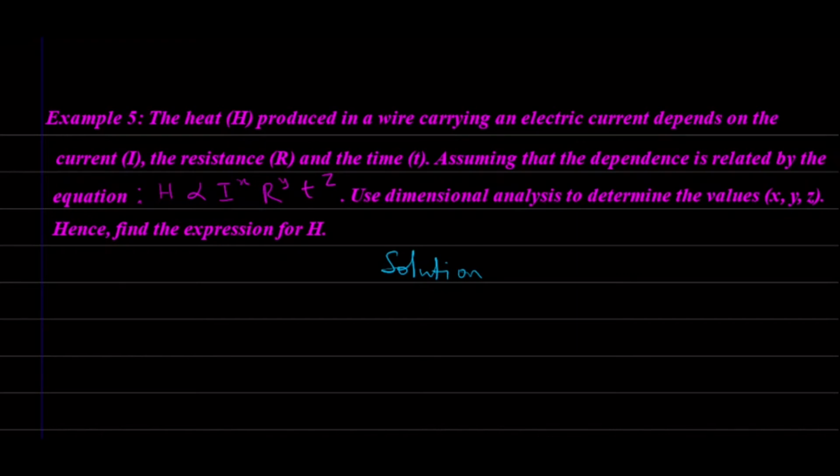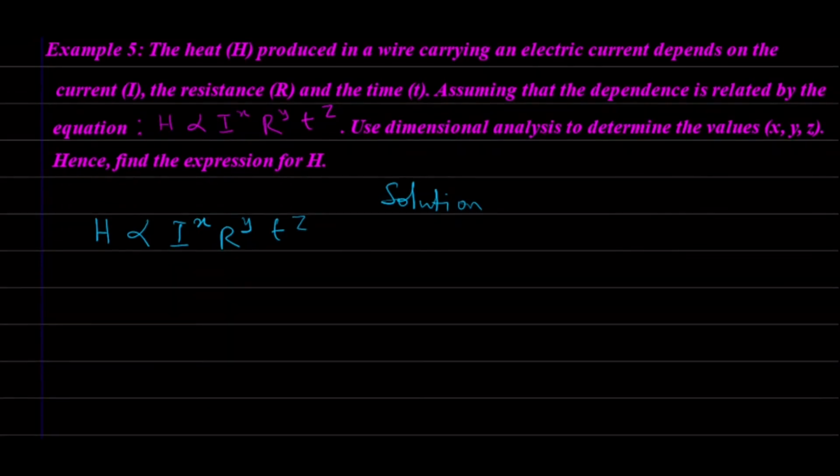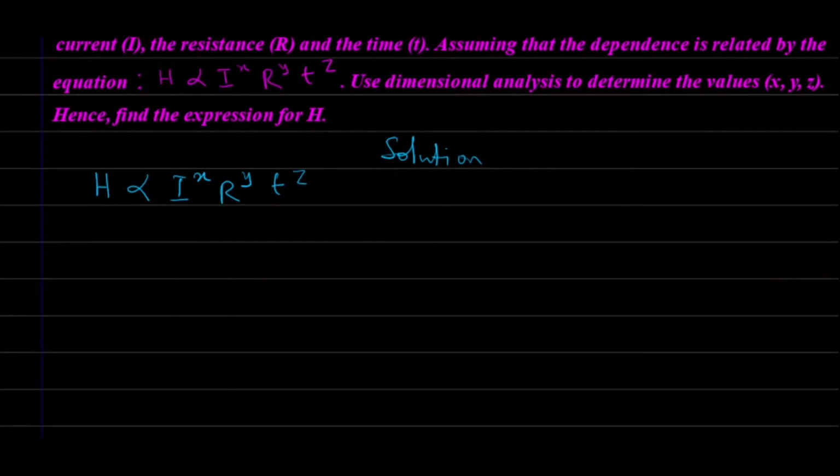Now, we have the statement given in mathematical form as H depends on current to the power X, R to the power Y, and T to the power Z. So the next thing is to remove the proportional sign and write it like this: H equals K I^X R^Y T^Z. We call this equation 1.